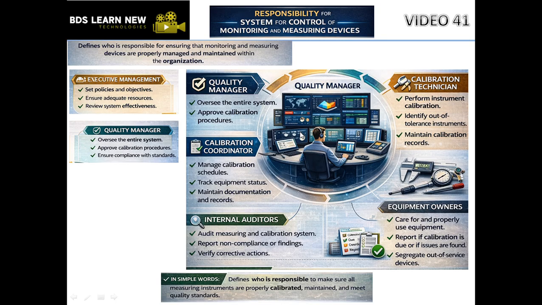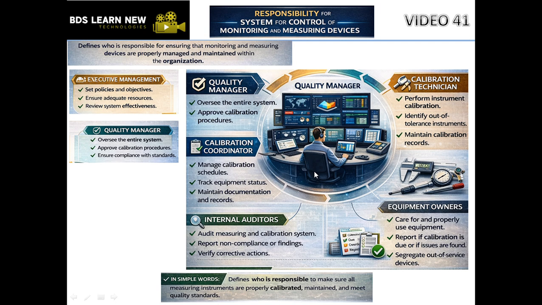Now there is a calibration technician over there. So who is this calibration technician? Who perform instrument calibration, identify out of tolerance instruments, and maintain calibration records. So this calibration technician also responsible that what are the inputs he is getting from the equipment owners through this quality manager, right?